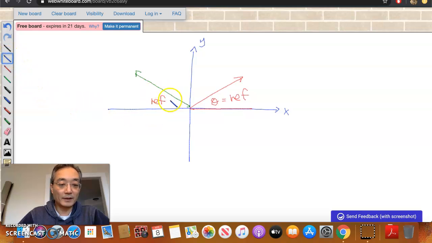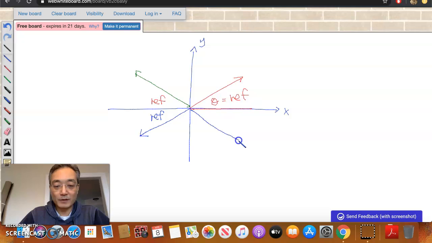If I look at the third quadrant, my reference angle is going to be right here, because again it has to be formed by the terminal side and the x-axis, and it has to be acute, less than 90. And then finally in the fourth quadrant, I'm running out of colors here, let me use black.